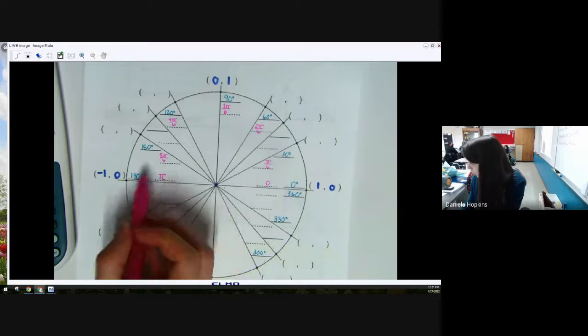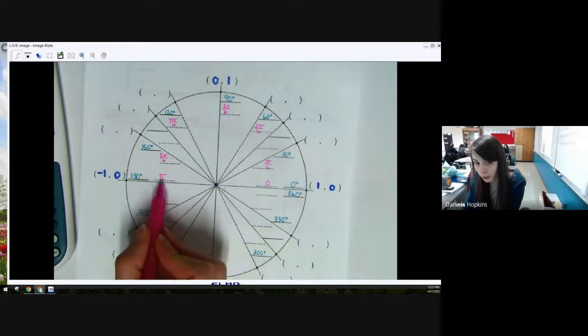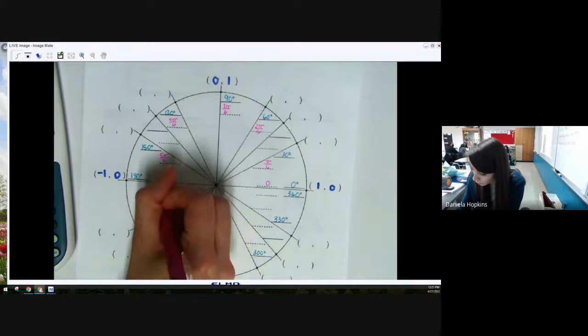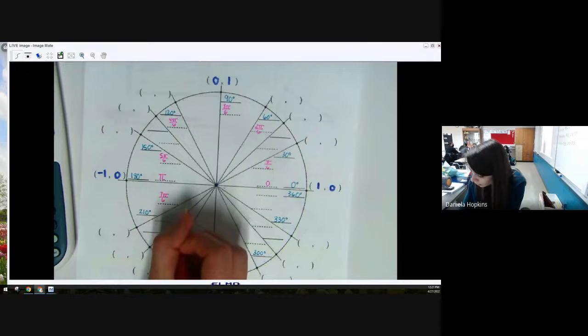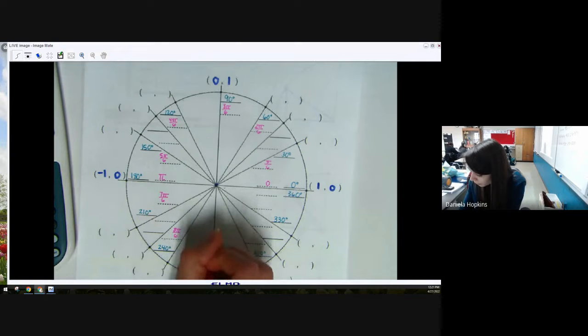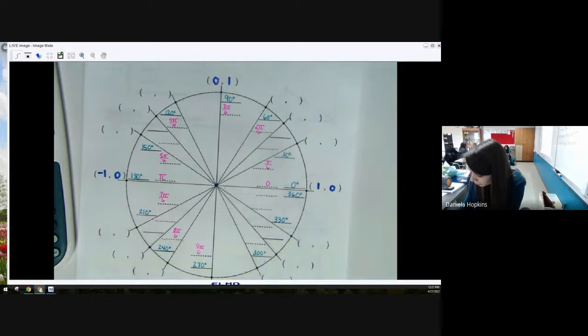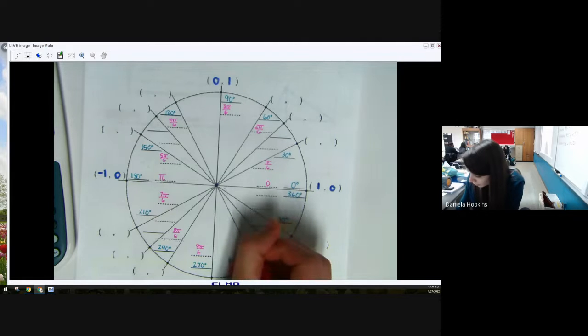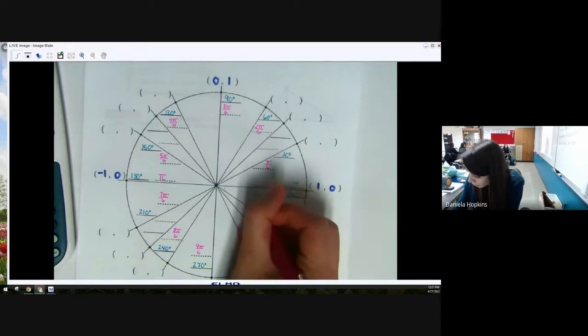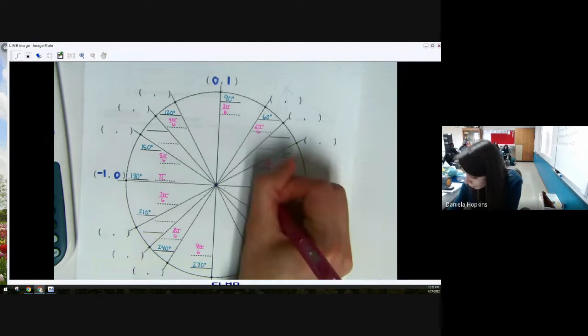We're going to go back and reduce everything, but this would be 6 pi/6, which means this would be 7 pi/6. Skip a line. 8 pi/6. 9 pi/6. 10 pi/6. Skip a line. 11 pi/6. And then our last one would be 12 pi/6, which reduces to 2 pi.